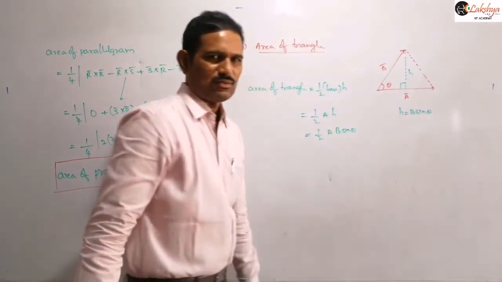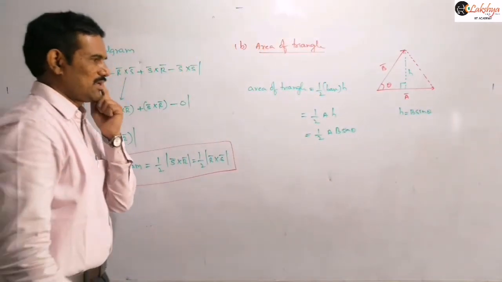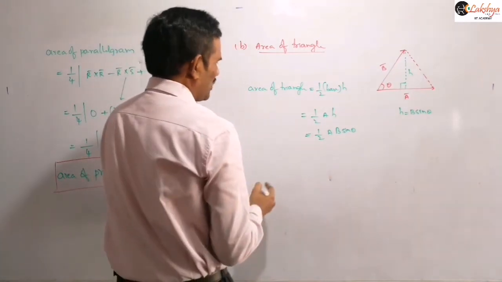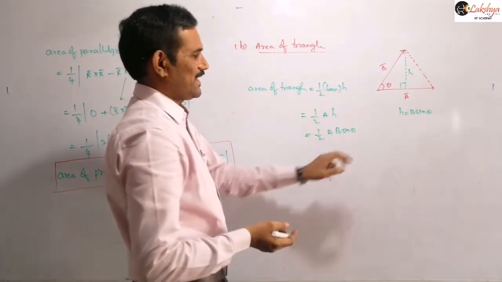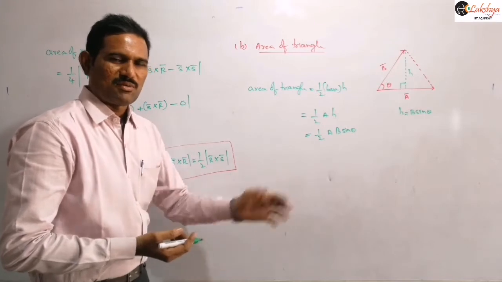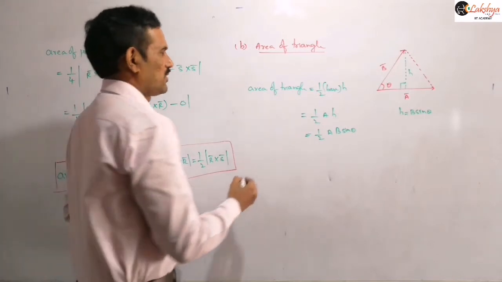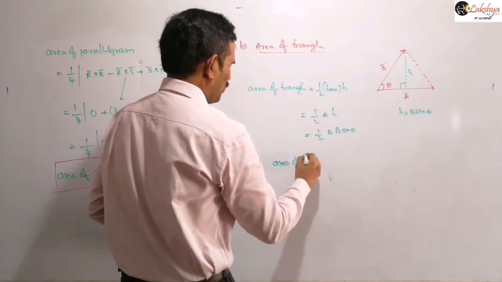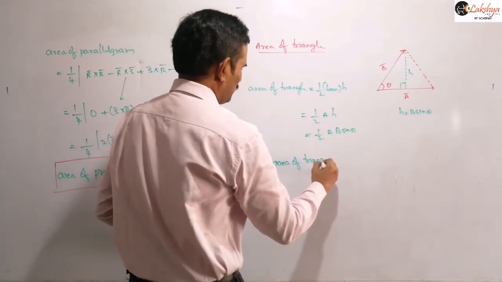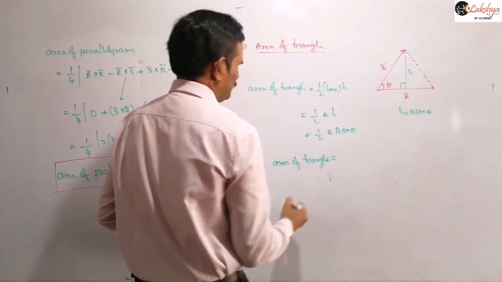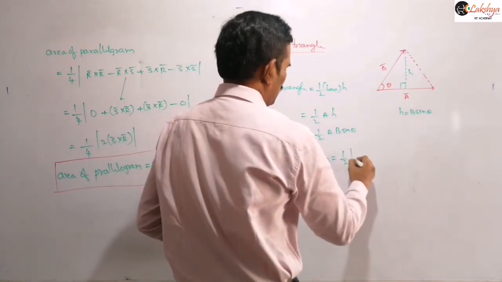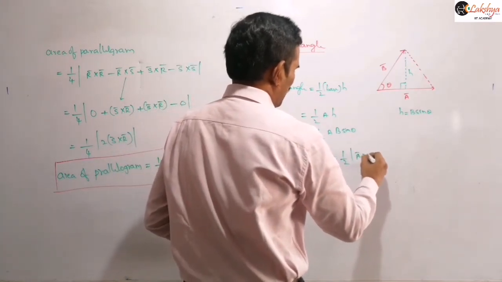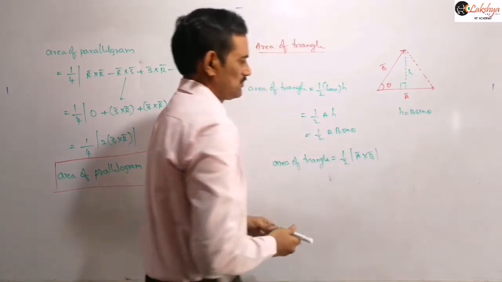So now again this value we can write as AB sin theta, which we can write as the modulus. Therefore area of triangle is equal to half into mod of A bar cross B bar.